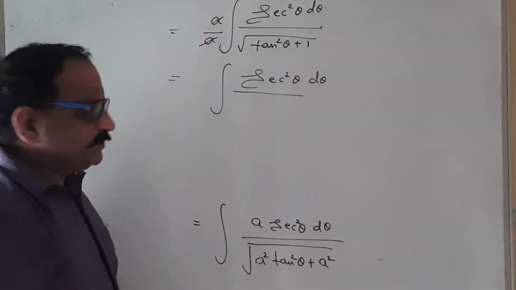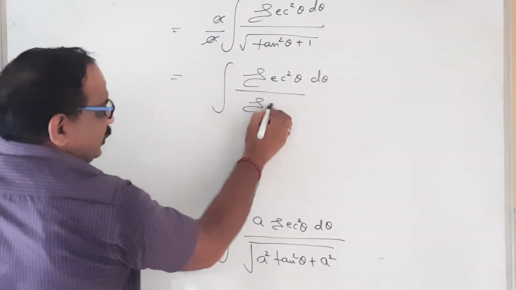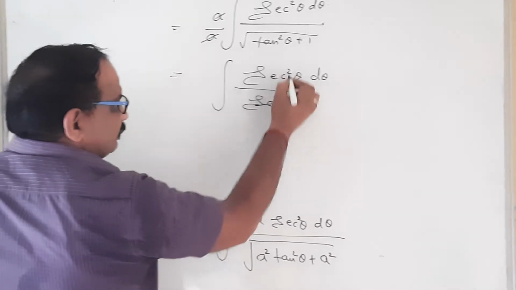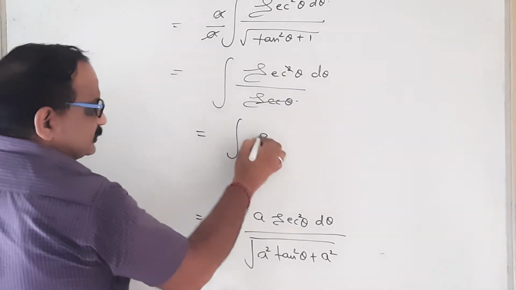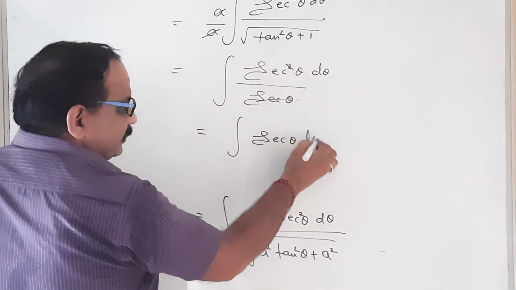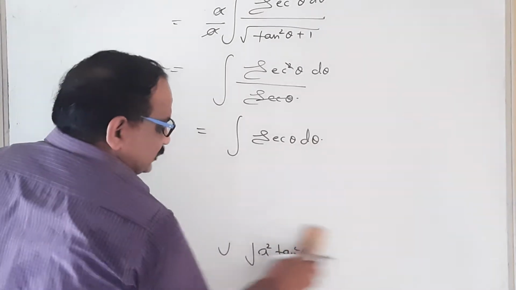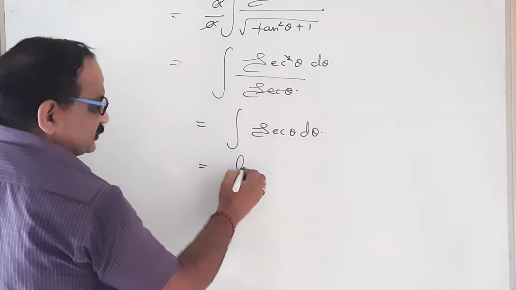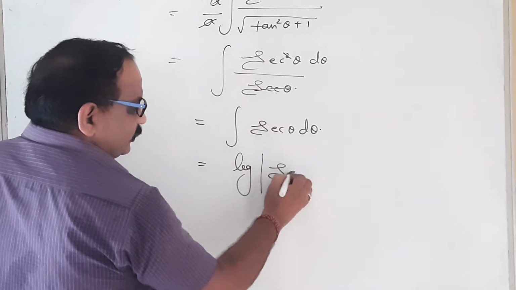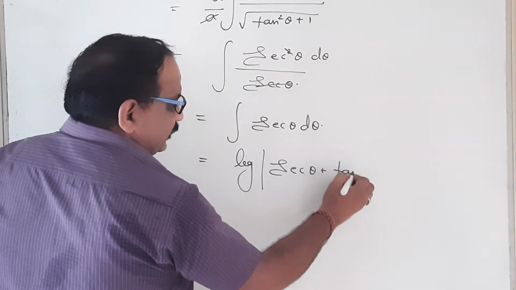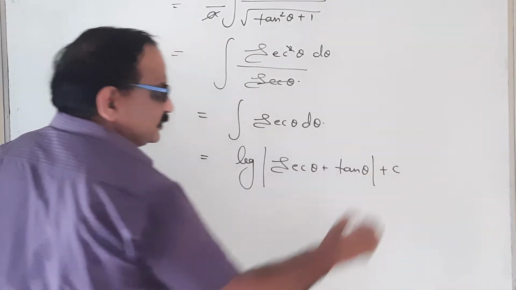It is sec square theta, and due to the root it remains only sec theta. One sec theta will be cancelled out and there is sec theta d theta. Then we have to use the integration formula. The result for sec theta comes to us as log of sec theta plus tan theta plus c.